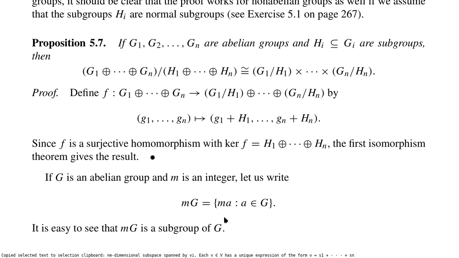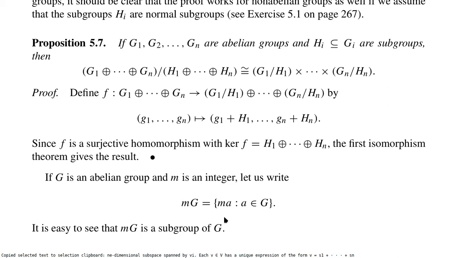If you have n abelian groups and you have these H which are subgroups of these abelian groups, then this is very elegant. I mean, this is kind of very straightforward, but also nice.